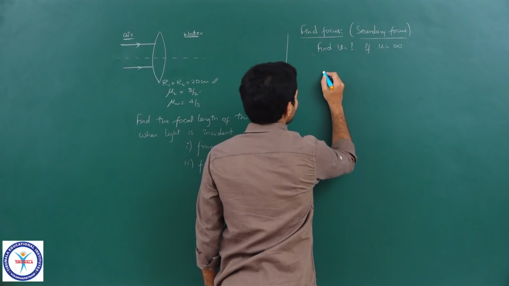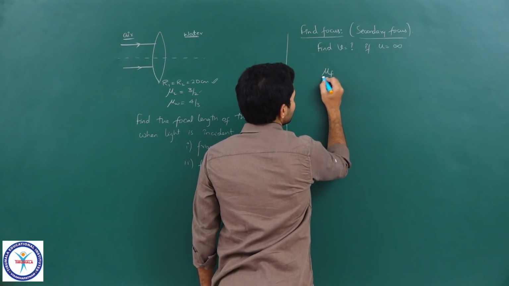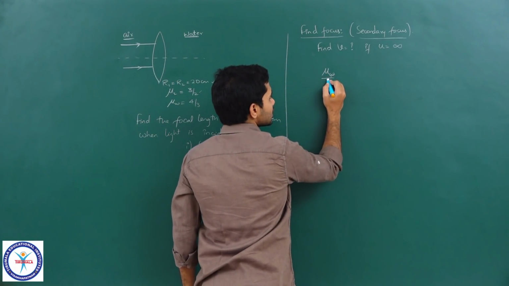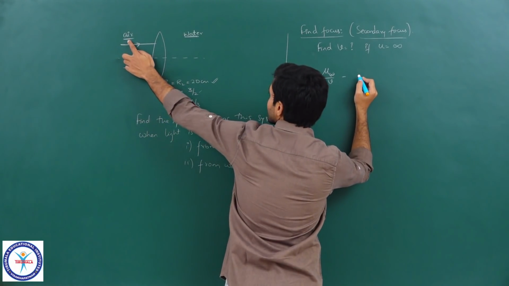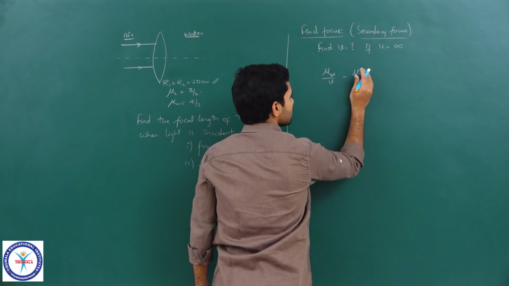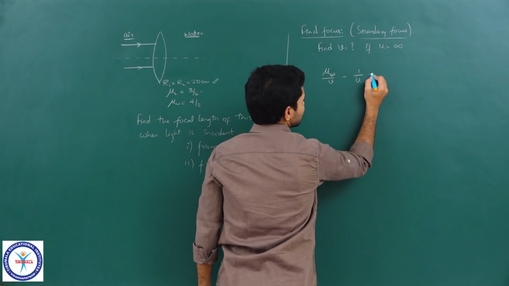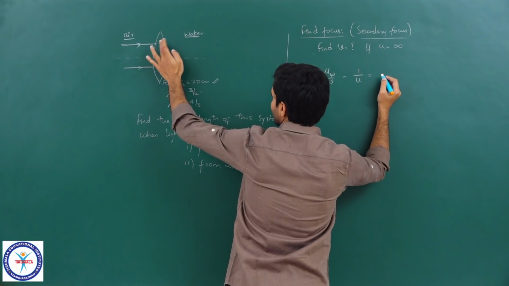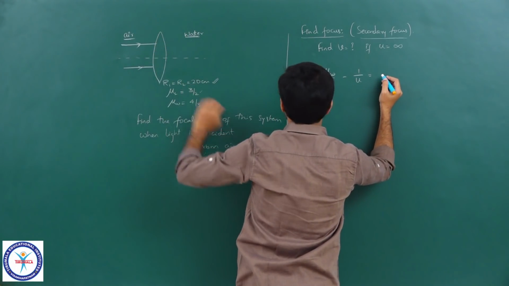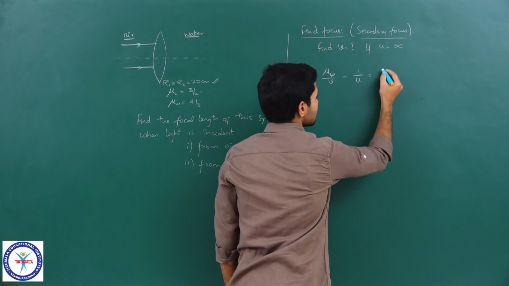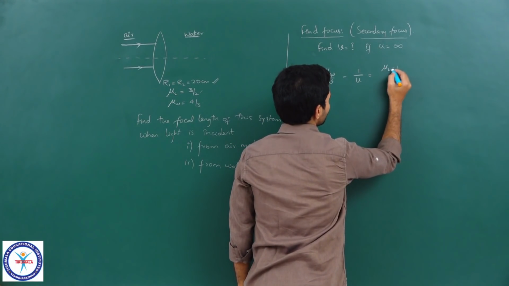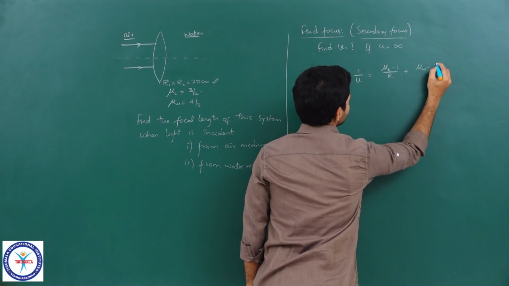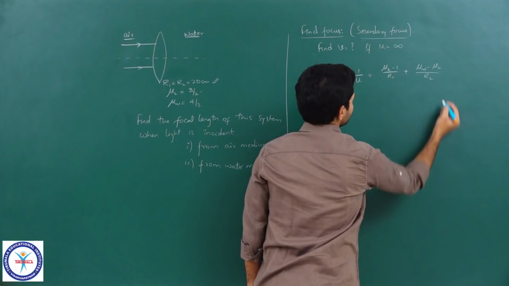So, let us use the general formula, which is mu final by V, where mu final is water, so mu water by V, minus mu initial, which is air, mu air by U, is equal to mu lens minus 1 by R1 plus mu water minus mu lens by R2.